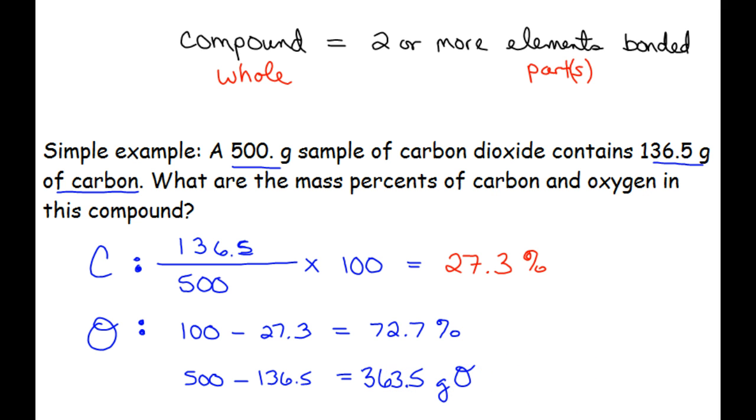And then you could have set up 363.5 over 500 times 100. And you still would have gotten 72.7%.